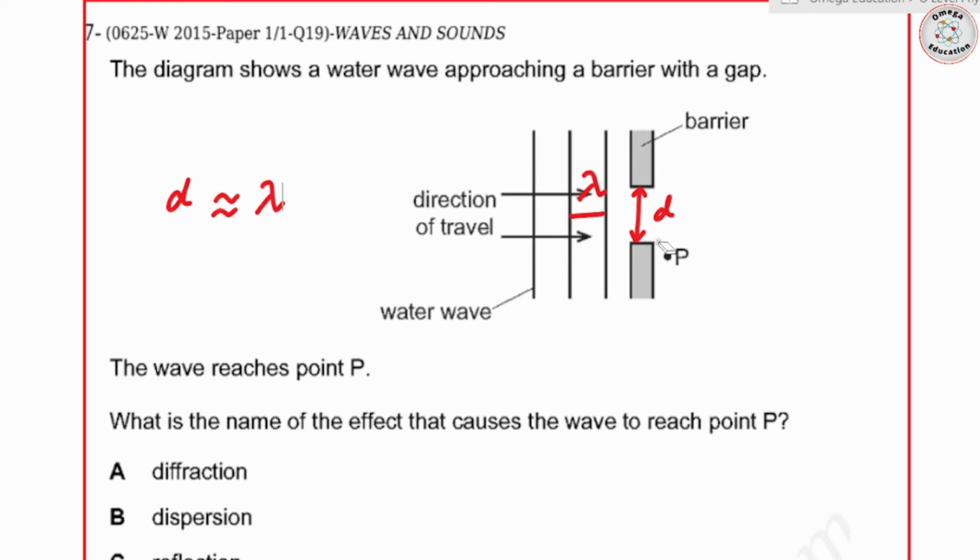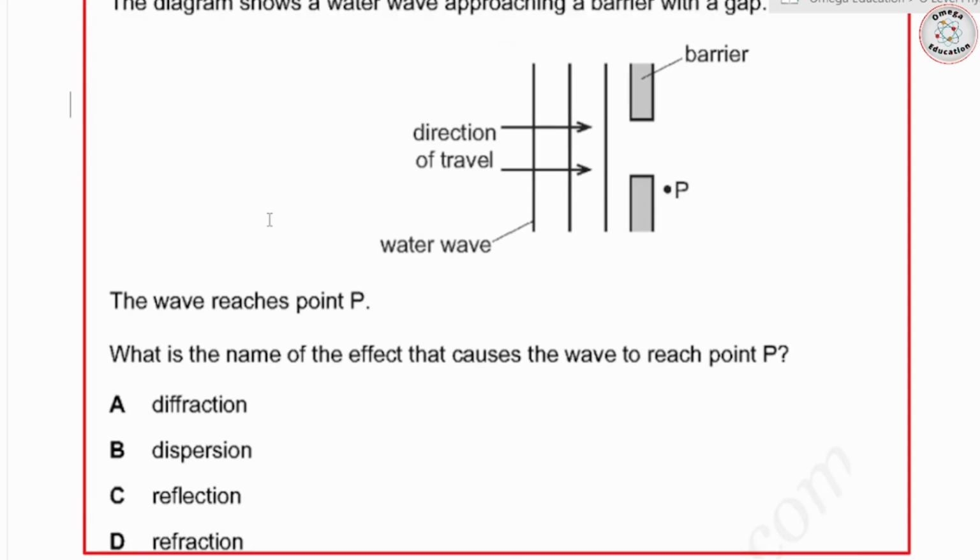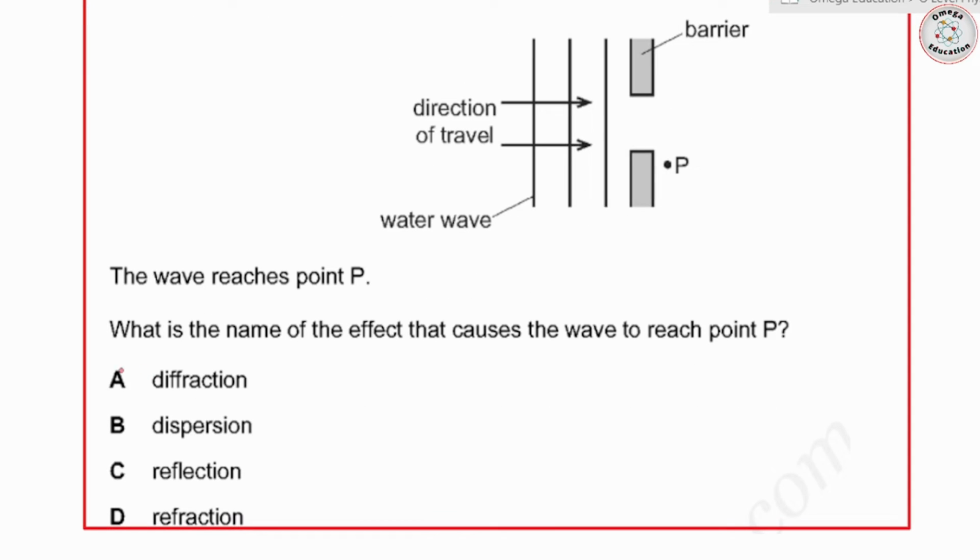These waves would be bent around the corners and they would look something like this, and that would make the waves pass through the barrier. So this process is called diffraction. That's fact-based, information-based.